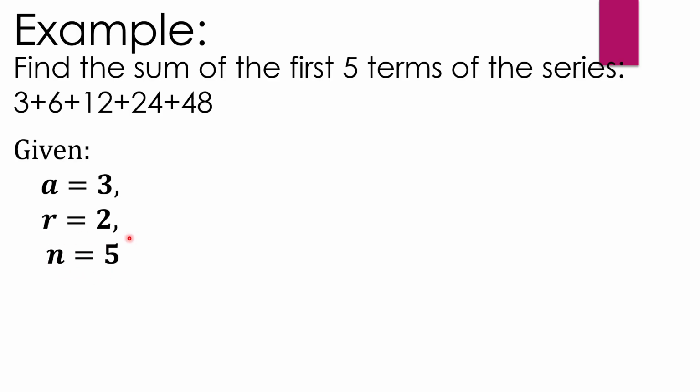Now how do we get the common ratio? 3 times 2, 6 times 2, 12 times 2, 24 times 2, 48. We're multiplying the terms with a fixed number, that is a geometric sequence or geometric series. And then n is 5 because we have 5 terms in our given.